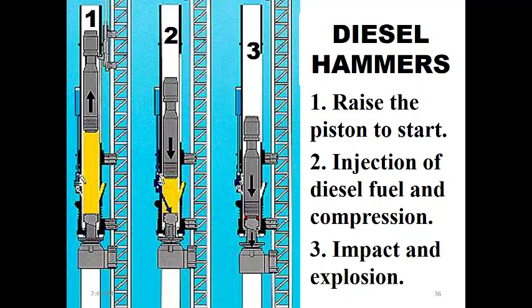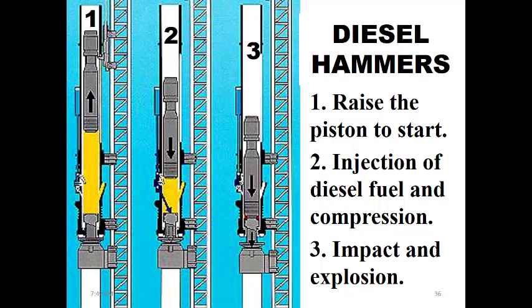Then we need to put the fuel in, the diesel, and then we have to compress it, so basically lowering the piston down, and then ignite the fuel that is in there. So when we ignite the fuel, what happens? The force is transferred to the pile itself and to the piston that is on the top part.